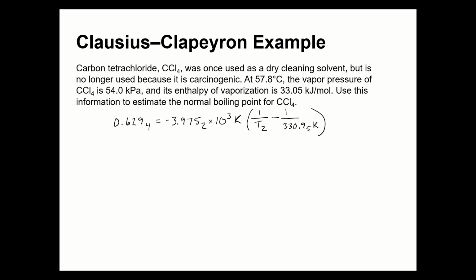Okay, so at this point, I would find it easiest to probably go ahead and distribute. You could go ahead and solve for this piece, the 1 divided by 330, or you can go ahead and distribute and solve by multiplying the negative 3.975 times the 1 over T2 and times the 1 over 330. So that's what we're going to do.